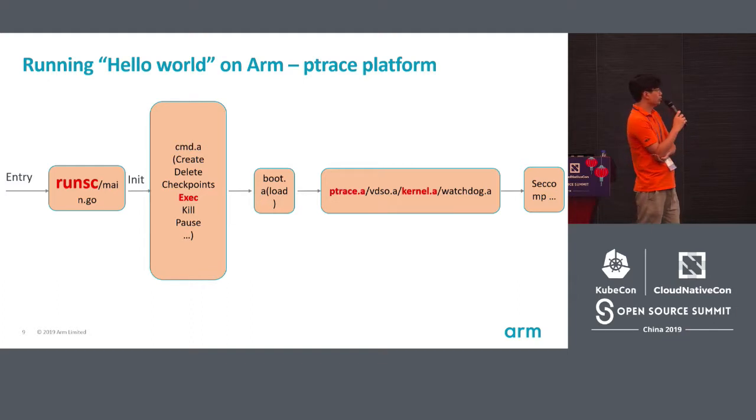If you have interest, you can have a look at this code to see how it tracks the anomalies, and then realizes the user space. So it is very easy to debug the central user space kernel in the ptrace platform.